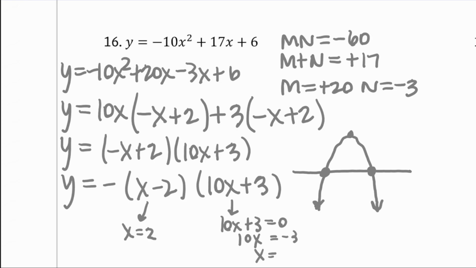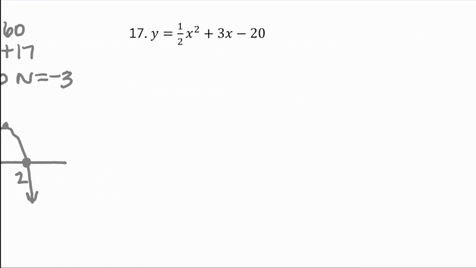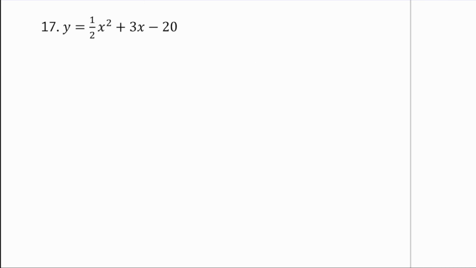It's looking like that's going to be x equals negative 3/10. So the negative one will be on the left, and the positive one will be on the right. And that's a good sketch.